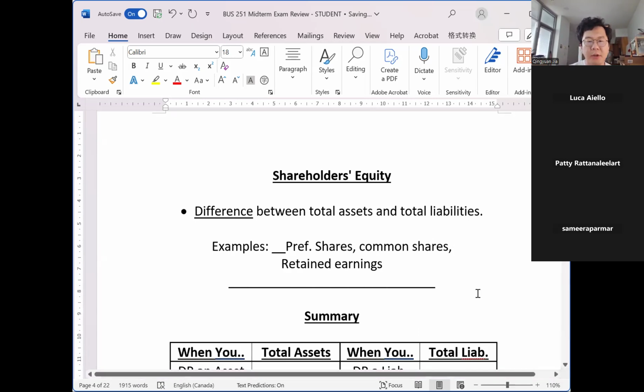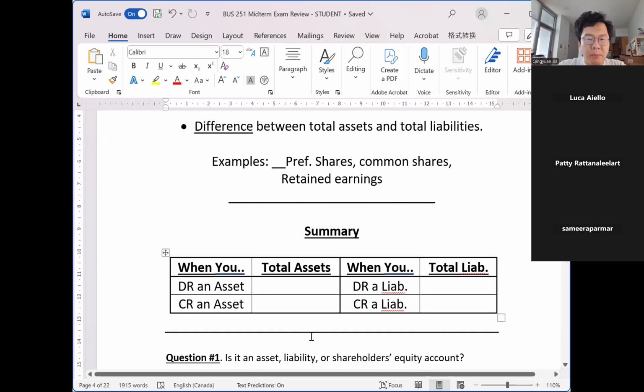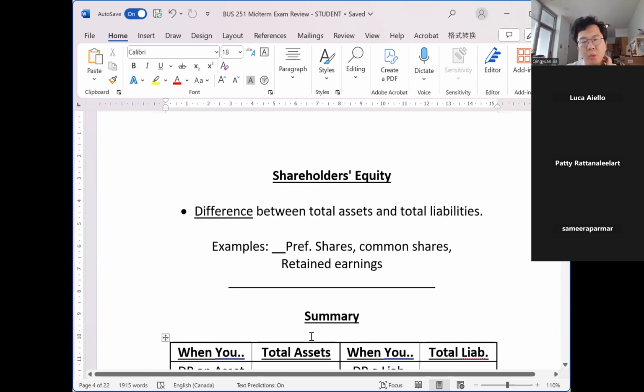So preferred shares, common shares, and retained earnings will be the examples of shareholders' equity. So whenever we encounter these kinds of accounts, we need to know what category they belong to, so that we will use debit and credit correctly.